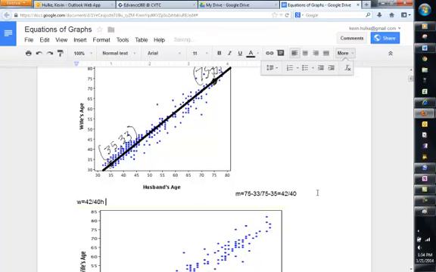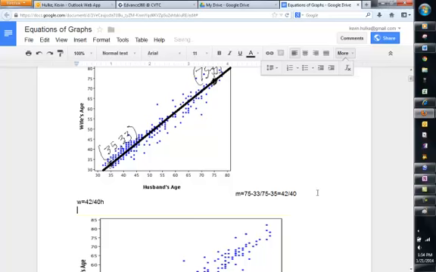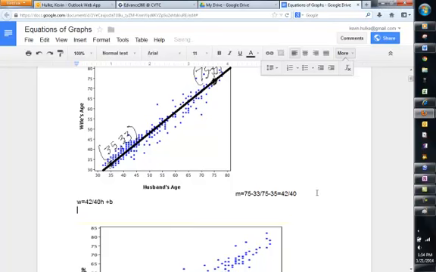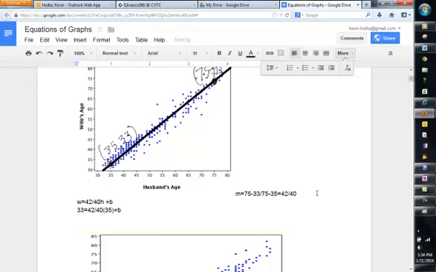How do you find the intercept? Well, you substitute in one of those 2 points, right? So plus b. Let's substitute in one of the 2 points, 35. So the wife is 33 equals 42 over 40 times the husband's age, which is 35, plus b. Okay, so let's do that math on our calculator.